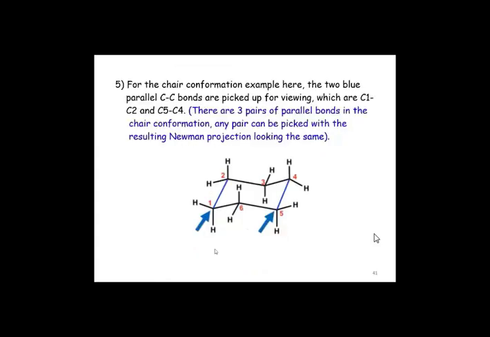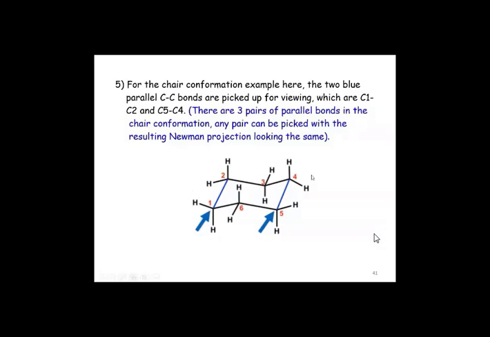Now when we have fixed the axis of observation, as we know, there are a total of 3 pairs of parallel bonds in the chair conformation. Any pair can be picked up in order to show the Newman projection.